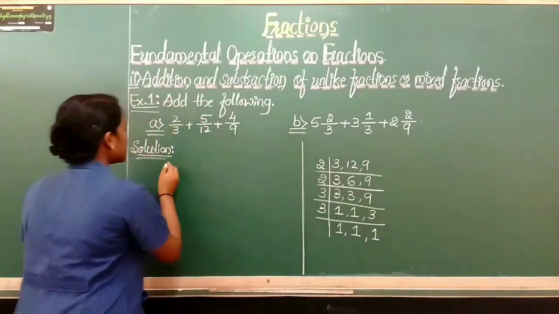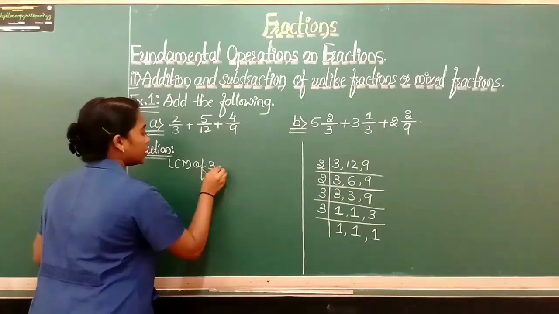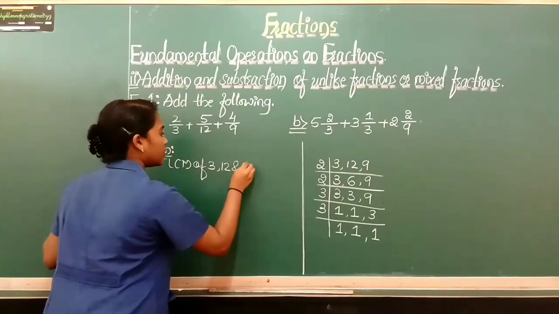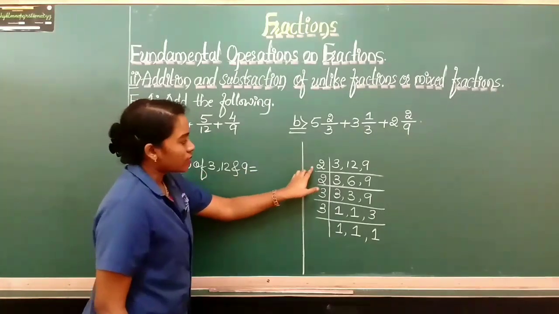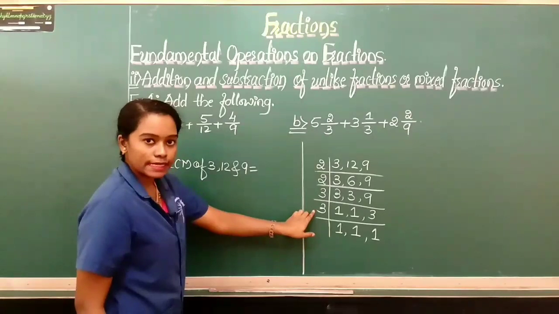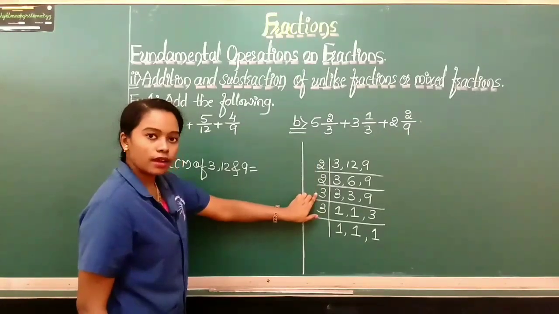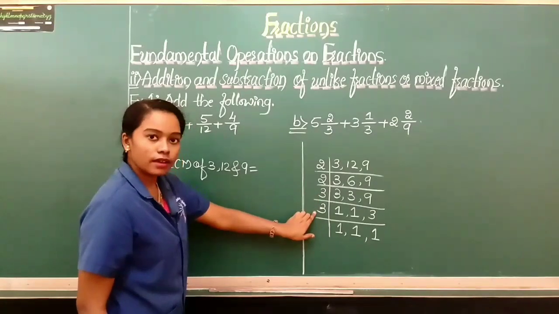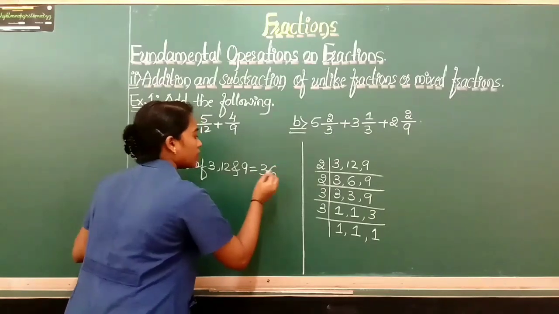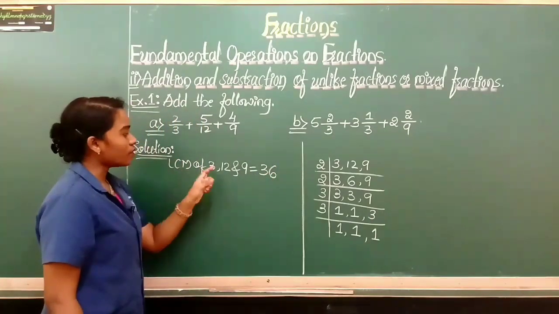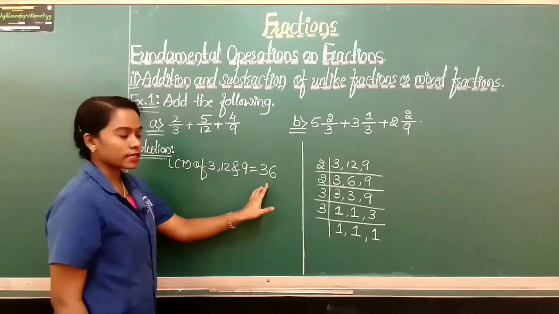Now the LCM of 3, 12 and 9 is equal to, for the LCM we have to multiply all these numbers. 2 twos are 4, 4 threes are 12, 12 threes are 36. Therefore, the LCM of 3, 12 and 9 is equal to 36.